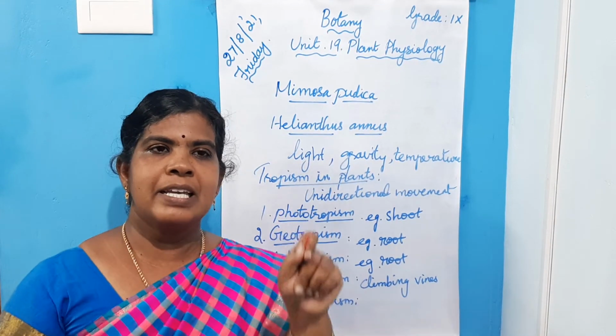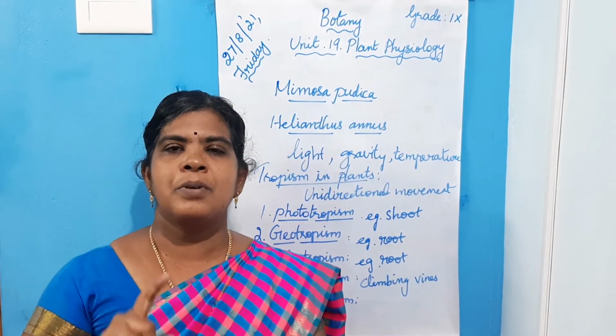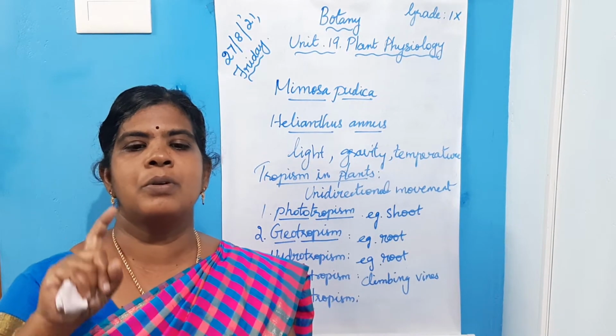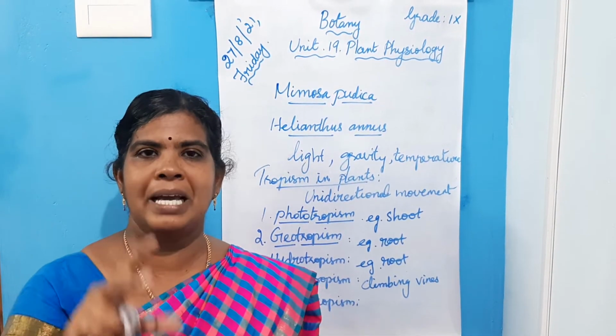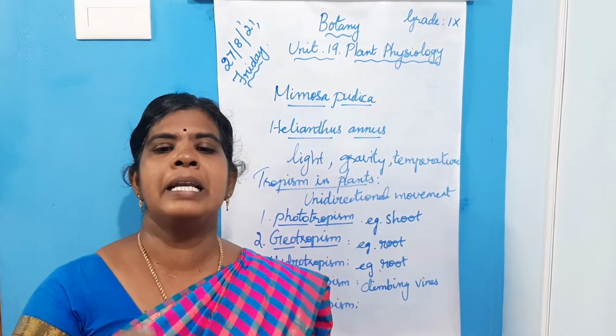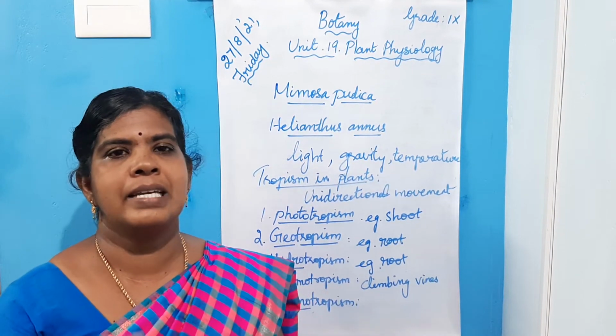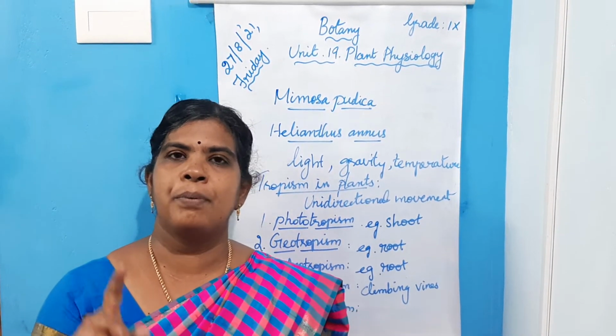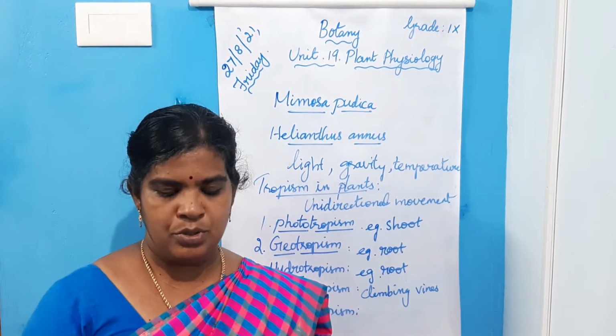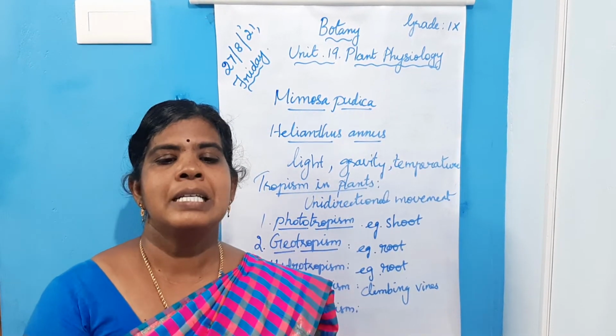So chemotropism is the movement of a plant or part of a plant in response to chemicals. Example, growth of a pollen tube in response to sugar present on the stigma.